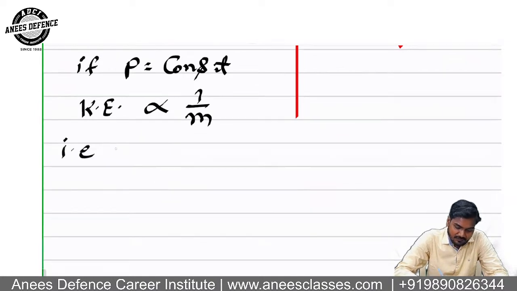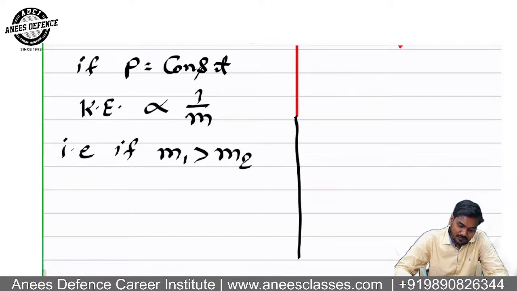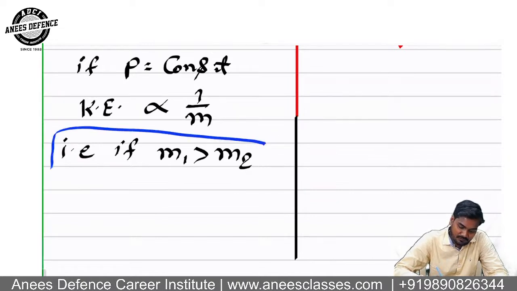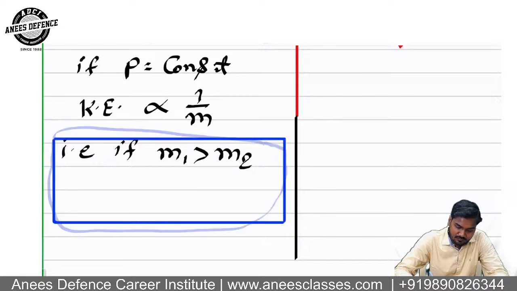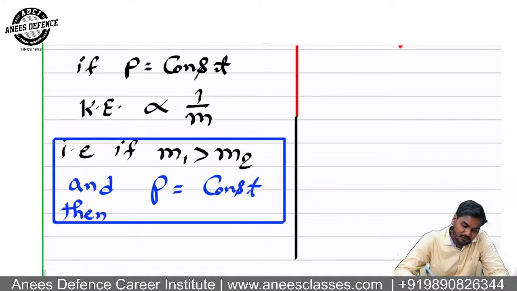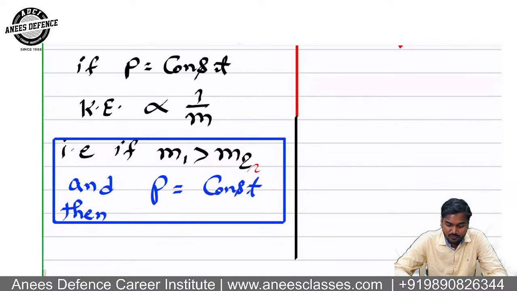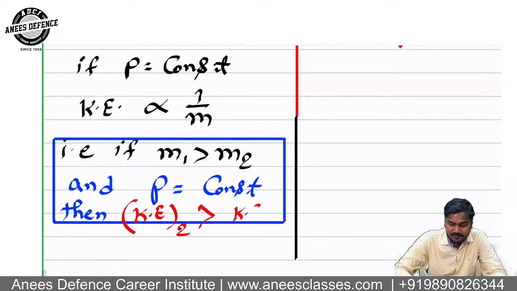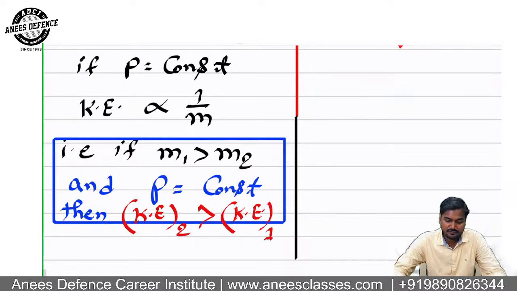That is, if m1 is greater than m2 and momentum is constant, then the object having less mass has more kinetic energy. So kinetic energy of second is greater than kinetic energy of first.